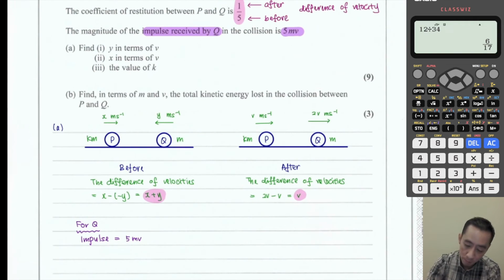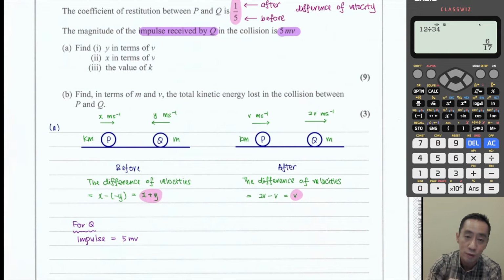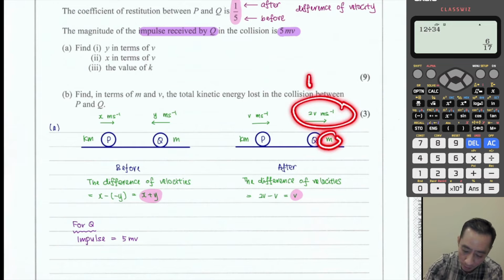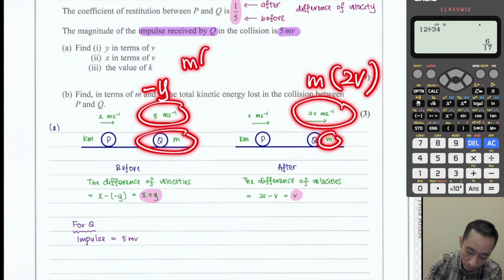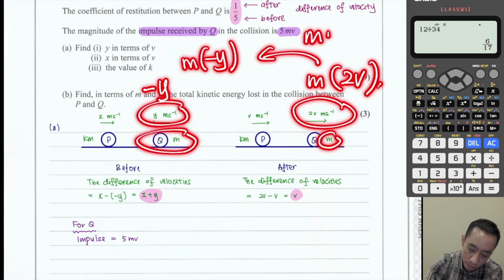Okay, now impulse means the change in the momentum. So I take the later minus the before. For this one, the momentum is m2v. And then for this one, this negative y means the velocity is negative y, so the momentum here is m times negative y. So I will take this minus this.